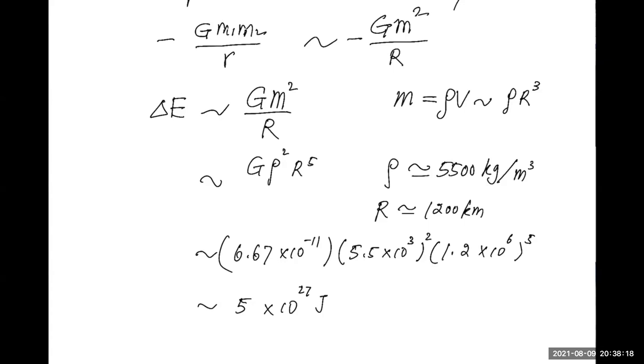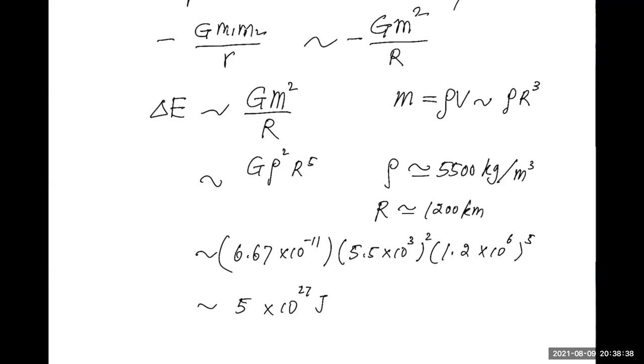A nuclear bomb releases a lot of energy, right? And even within nuclear bomb families, there are big ones and small ones. Let's suppose we take the biggest nuclear bomb ever made, ever detonated, and place it at the center of that asteroid. Will that do the job?